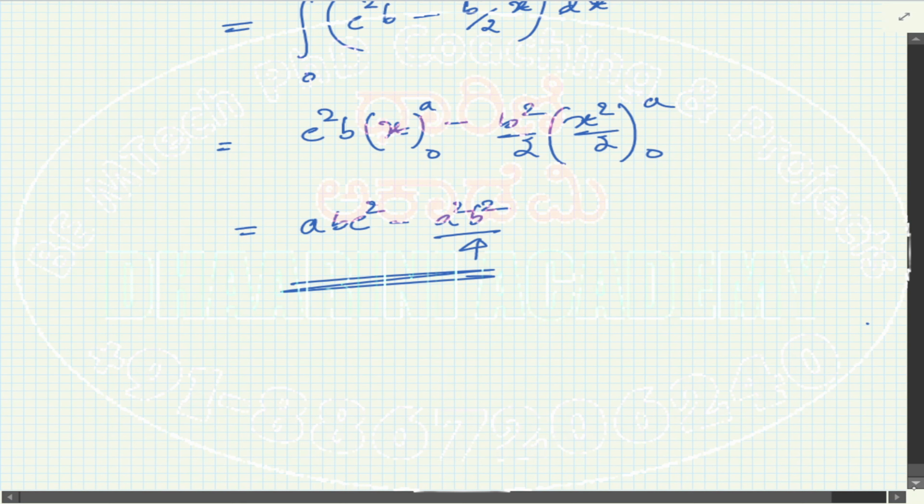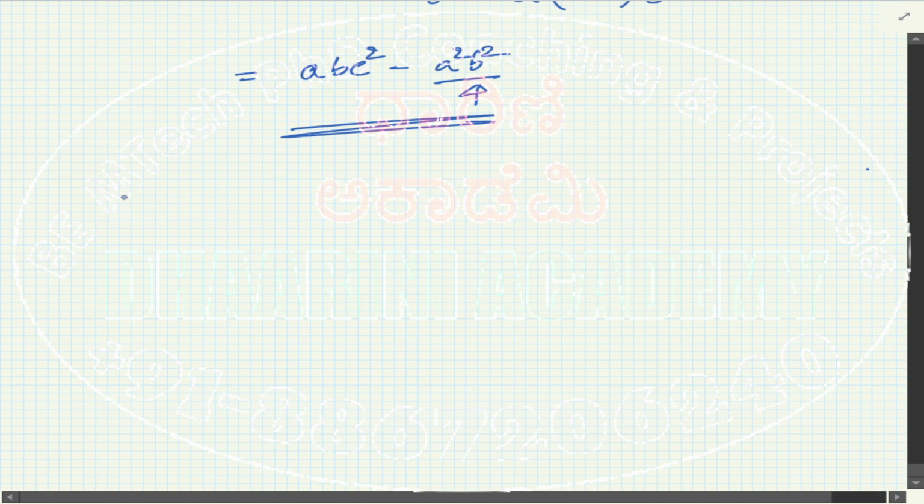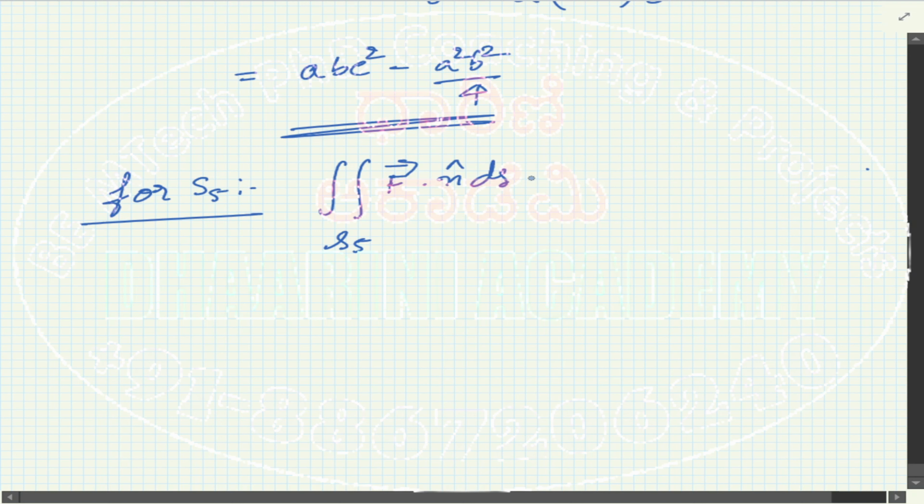Then let's move on to the fifth one. So this is for S5, right? I am supposed to calculate the integral over S5, the vector f dot n cap ds. So this is equal to integral x is equal to 0 to a, and the second integral will be z equals to 0 to c.